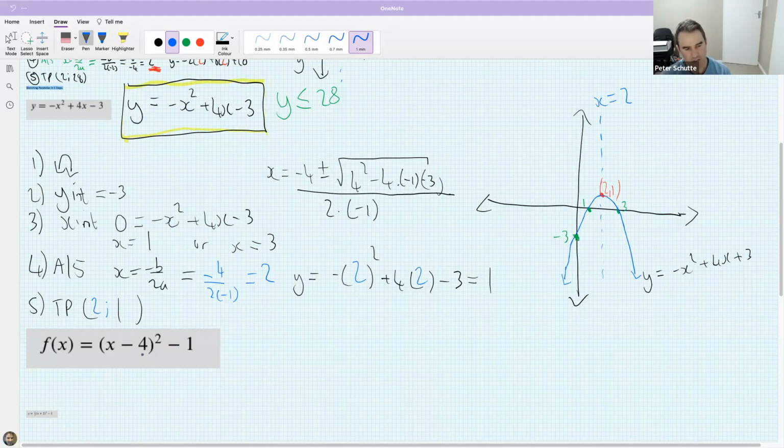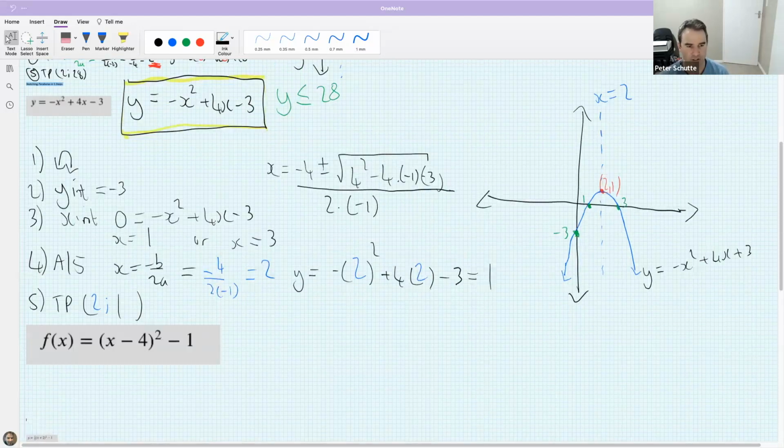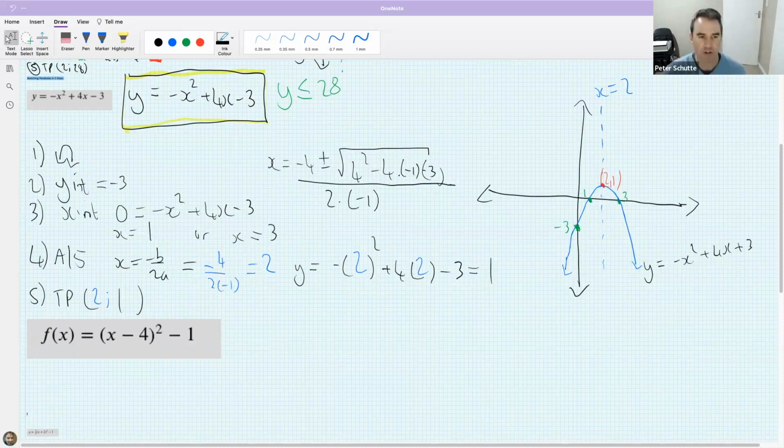But notice how this graph is written not in standard form, but in turning point form. So I want you to think about how you can adapt your 5-step process so that it helps. I'm going to let you decide first while I take questions on the previous example. So it's 4 marks.